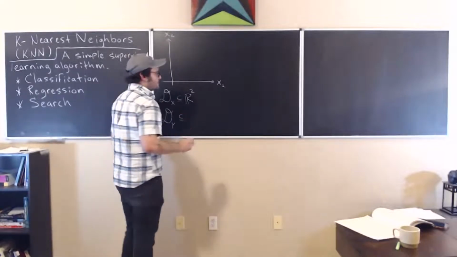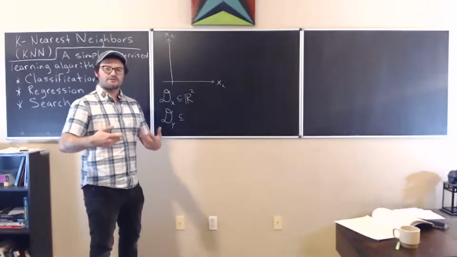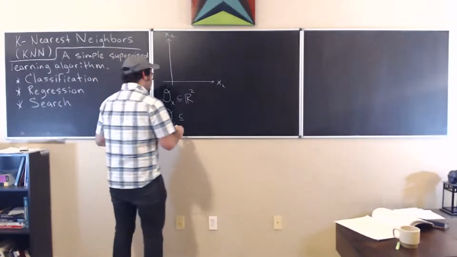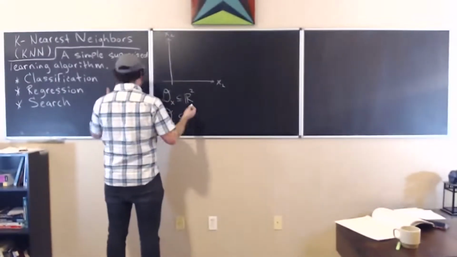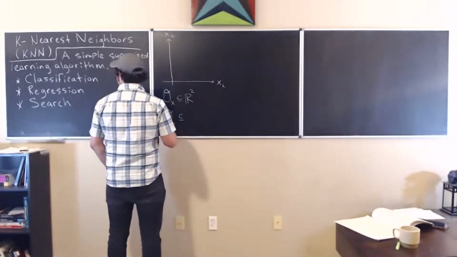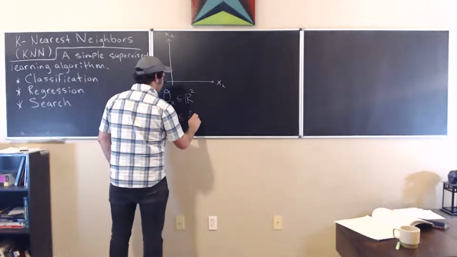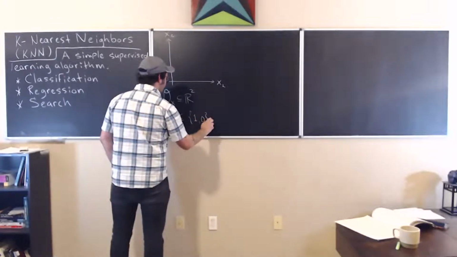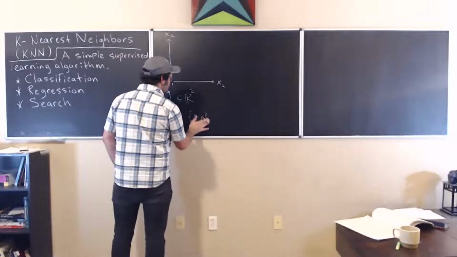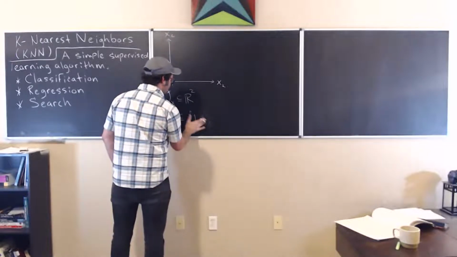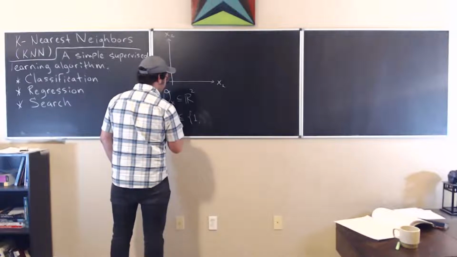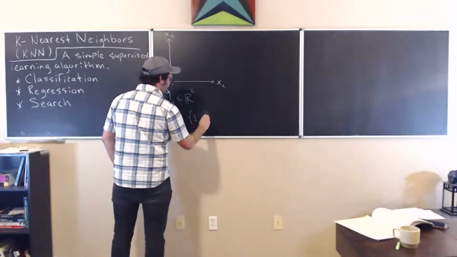For now, we're going to assume that we're in the classification phase for k-nearest neighbors. The labels are some subset of, say, 1, 2, 3.